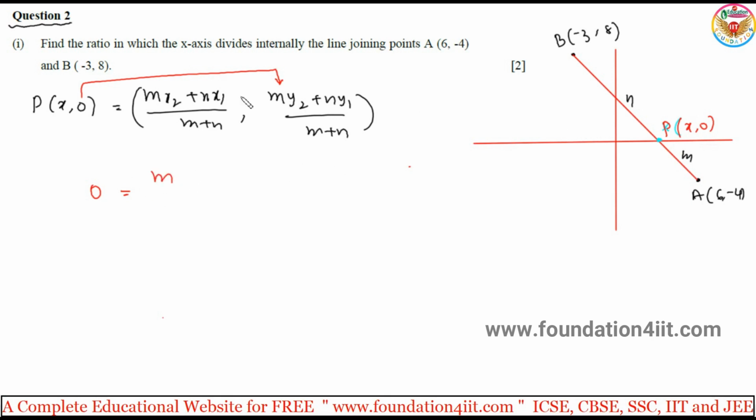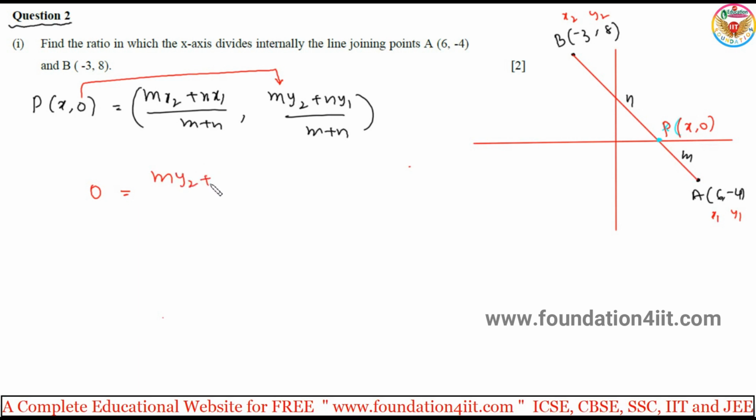Here x1 y1 is A. Point B is x2 y2. Substitute in the formula. So m y2 plus n y1 by m plus n.